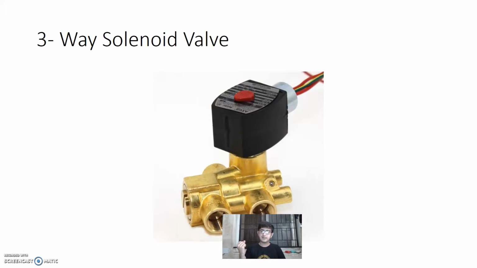If you have pressurized air from a compressor and you want to control a pneumatic cylinder, you can Google what it is. With a three-way solenoid valve, you can control a double-acting pneumatic cylinder. Basically, you can stroke it out and again bring that slide in, right?